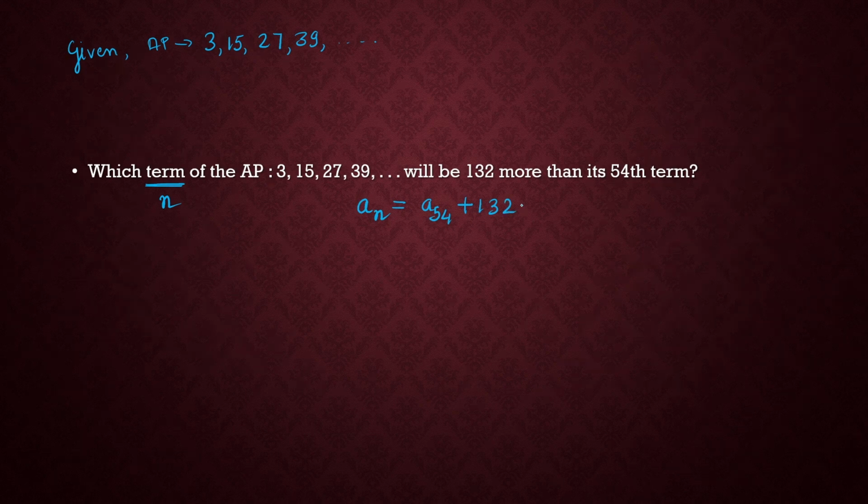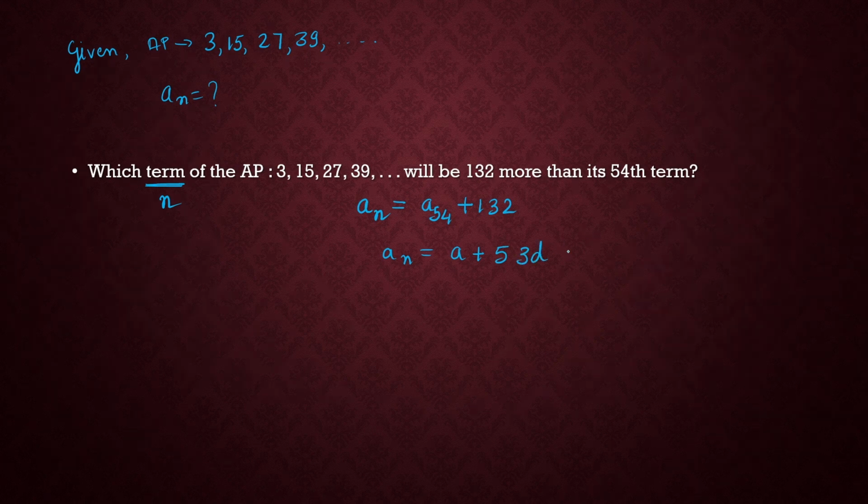So I have to find the value of an here. So an is equal to the value of a54, which can be written as A plus 53D.